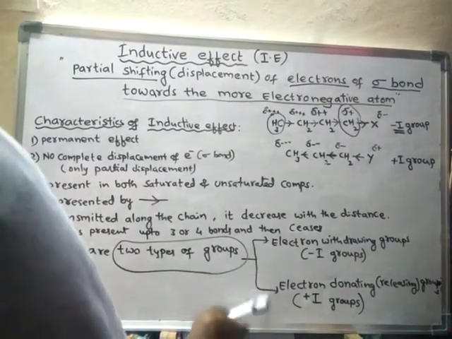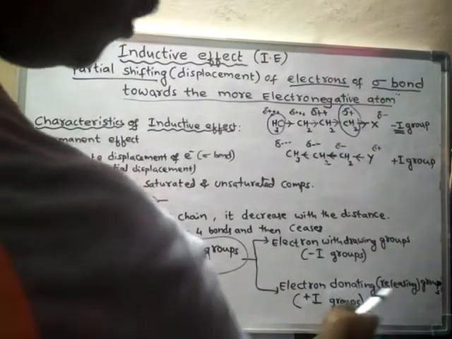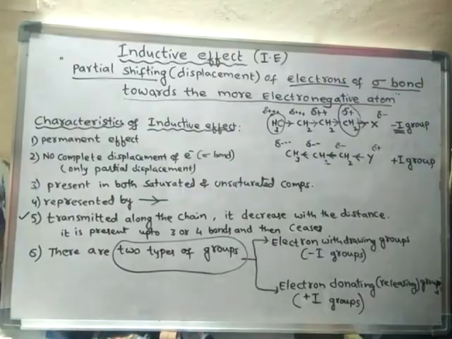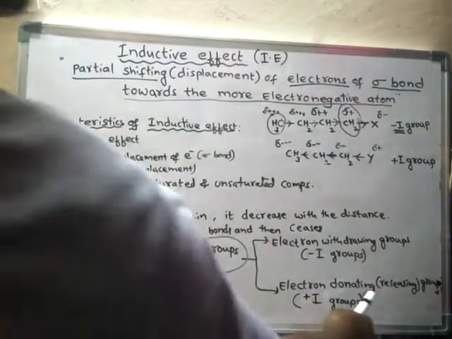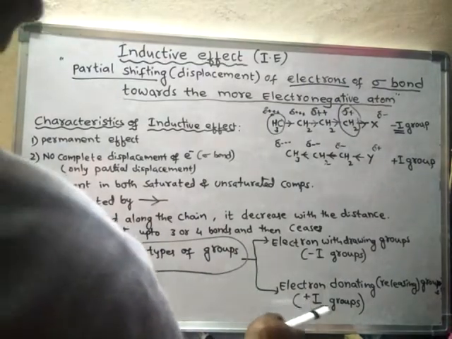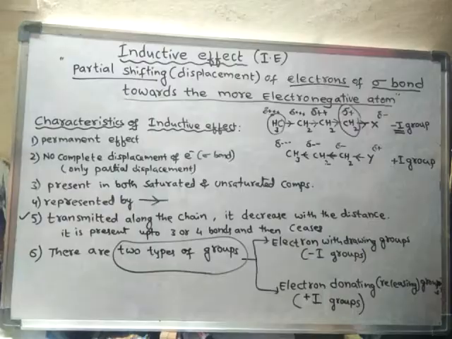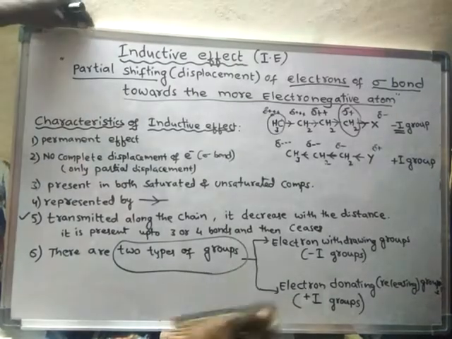And another type are electron donating or electron releasing groups. They are also called plus I groups. Okay, so we will learn what are minus I groups and what are plus I groups. Okay, right.